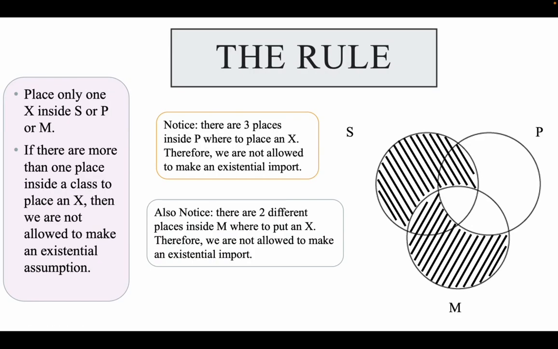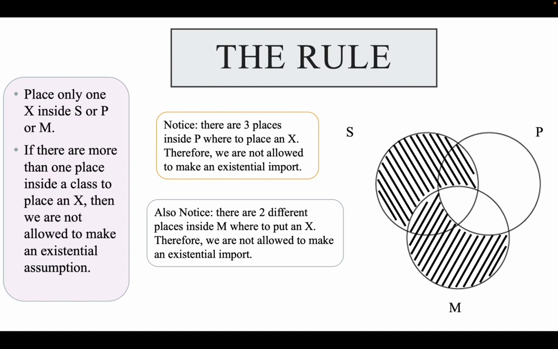The rule is the following. Every time you have a syllogism that has universal premises and a particular conclusion, you are allowed to place an X. But where do you put the X? You put the X inside either the subject category or the predicate category or the middle term category. Okay?